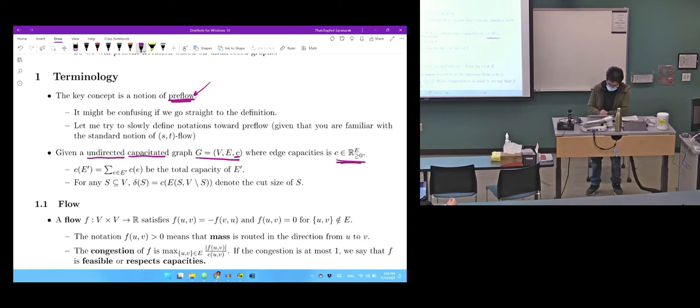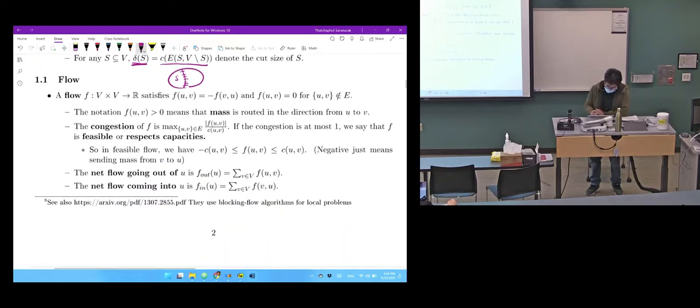This is normal. Given any set of edges E', C of E' is just the total capacity of E'. And here I denote the cut size of S. It's just the total capacity of edges crossing the cut.